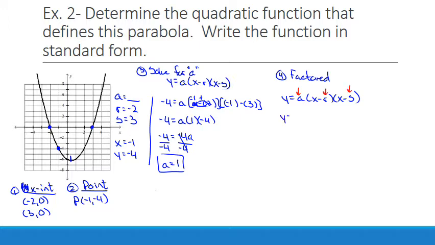So I have Y equals 1 bracket X minus a negative 2. This one, X minus, what's my S value again? Positive 3. Now I'll go through and just clean up my brackets. Y equals 1, X plus 2, X minus 3. Okay, so that is my factored form.